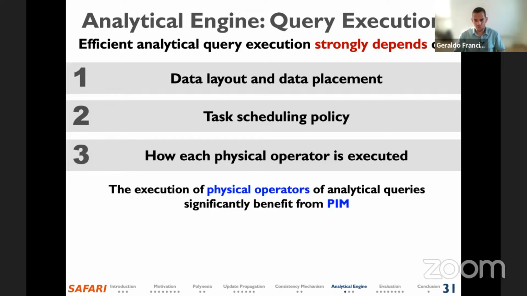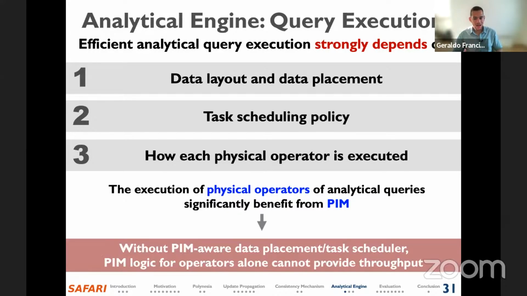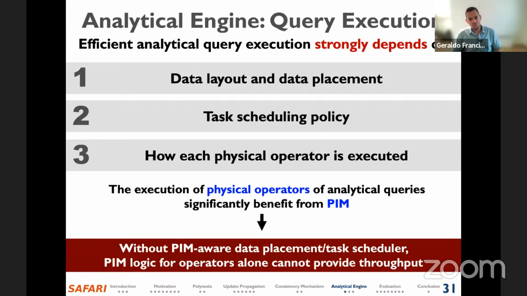As prior works have shown, the execution of physical operators of analytical queries can be accelerated using processing-in-memory techniques. However, processing-in-memory performance is going to be suboptimal without proper data placement and task scheduling that avoid processing-in-memory constraints. Thus, we design novel data placement and task scheduling policies for our analytical engine. I'm going to describe our data placement strategy next.